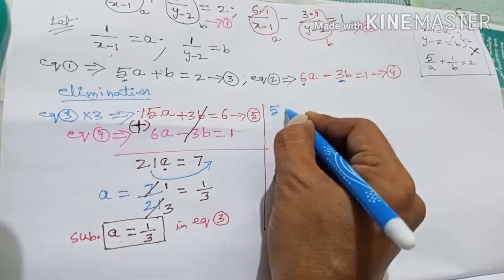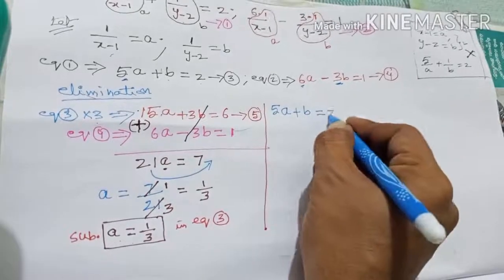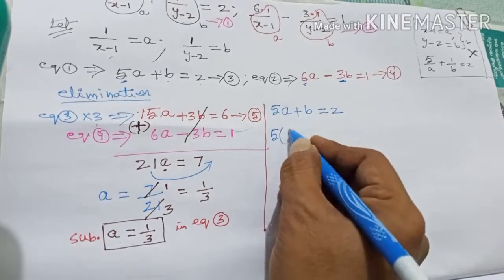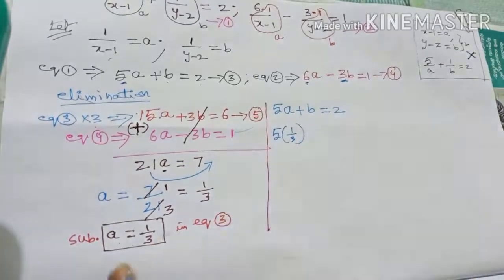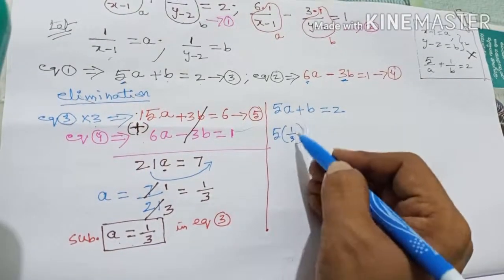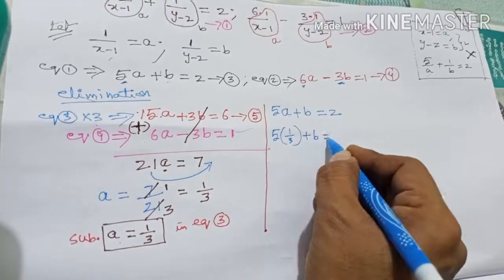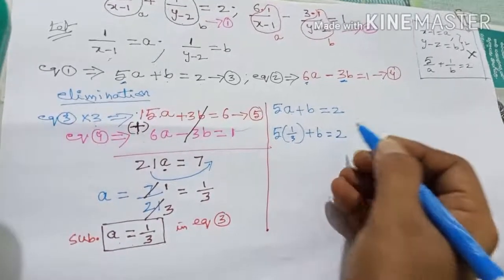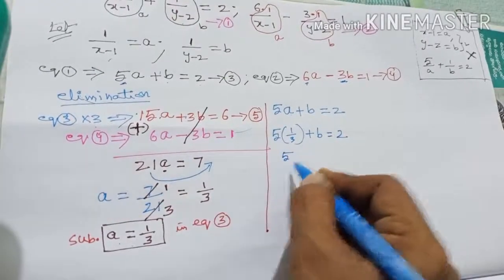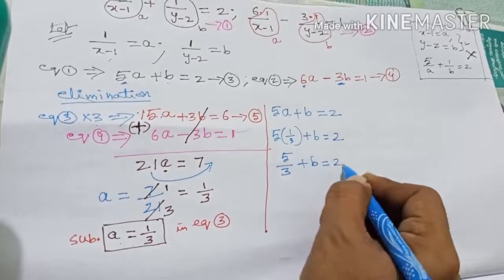It is nothing but 5a plus b is equal to 2. Here in place of a, I will write 1 by 3, according to this value. Then b is unknown, it is our aim, is equal to 2. Then you have to multiply here: 5 ones are 5 by 3 plus b is equal to 2.